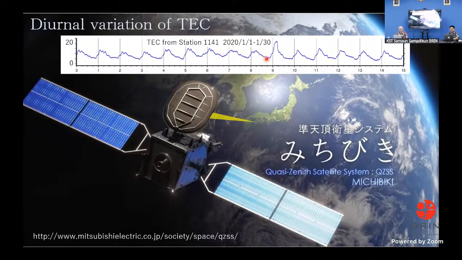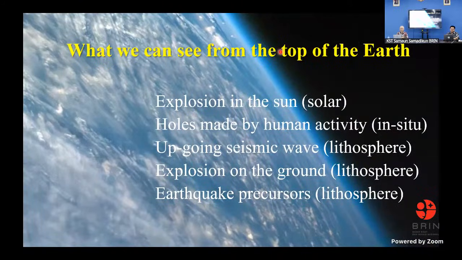Sometimes there are some anomalous amplitudes, and they do not repeat exactly the same pattern. So it is disturbed by many different things, and we can see many different geophysical phenomena from the ionosphere. Today I'm going to introduce some of those. First, I talk about explosions in the sun.